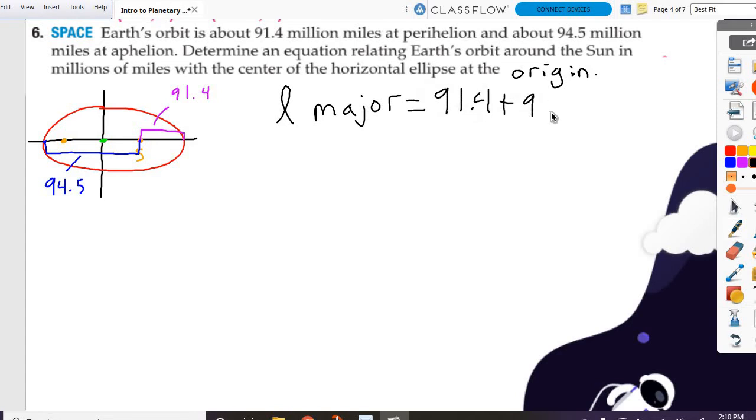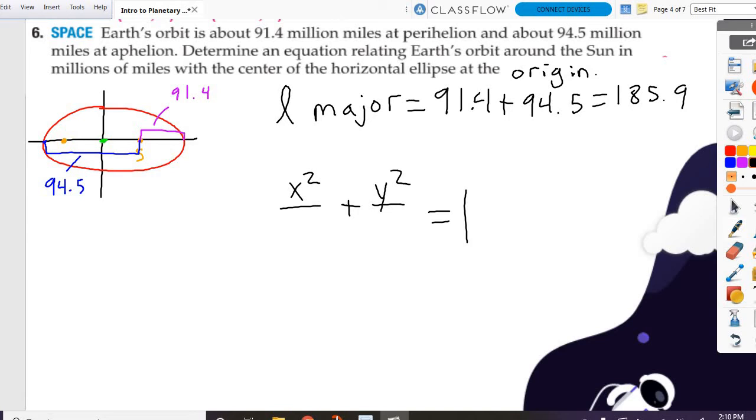And this is going to be important because we need to find our A and our B values in order to plug into our equation. So again, we've centered ourselves around 0, 0, so we're just going to have an x squared and a y squared. And remember, it equaled 1.